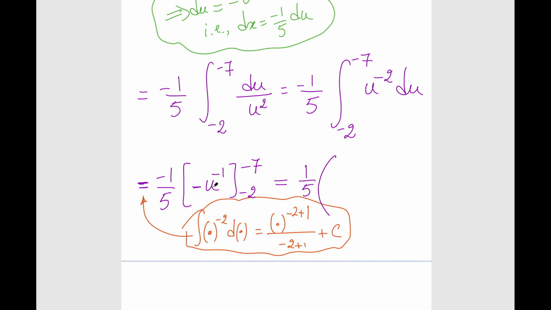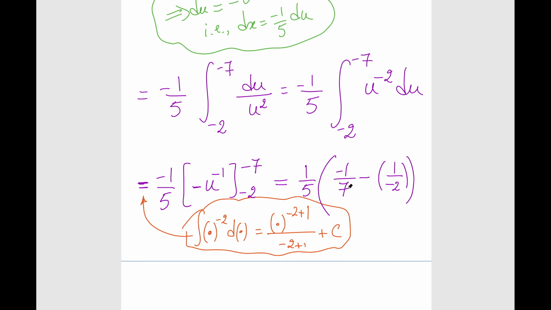That's going to be 1 over negative 7, so minus 1 over 7, minus u to the power negative 1, replacing u by minus 2, 1 over negative 2.